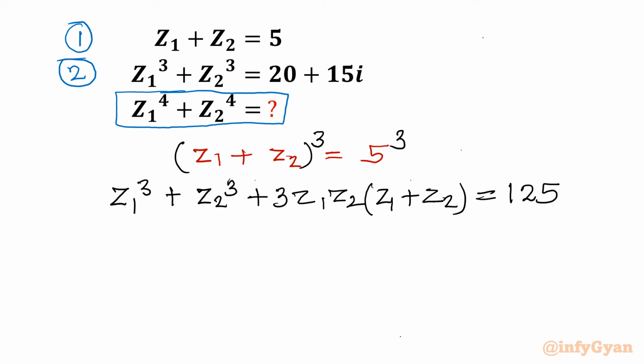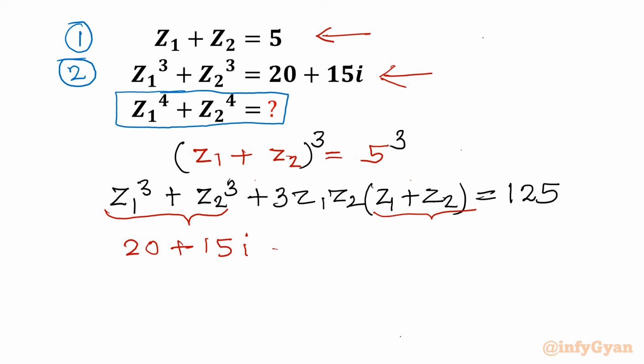Now you can see equation 1 and equation 2. z1 plus z2 is 5, and z1 cube plus z2 cube is 20 plus 15i. So here I will be putting 20 plus 15i and here I will be putting 5. So 20 plus 15i plus 3 times z1 z2 times 5 equal to 125.